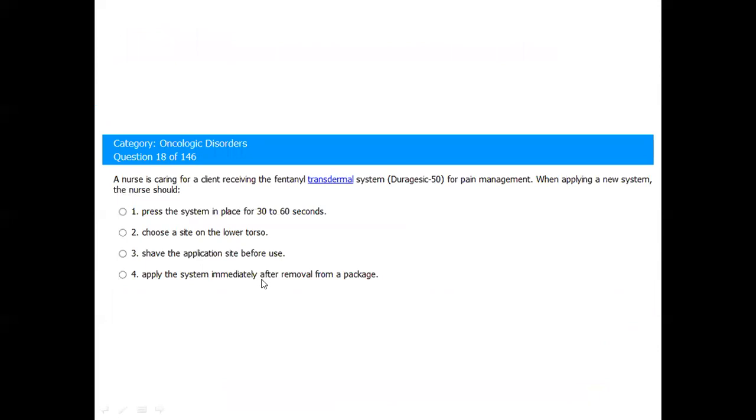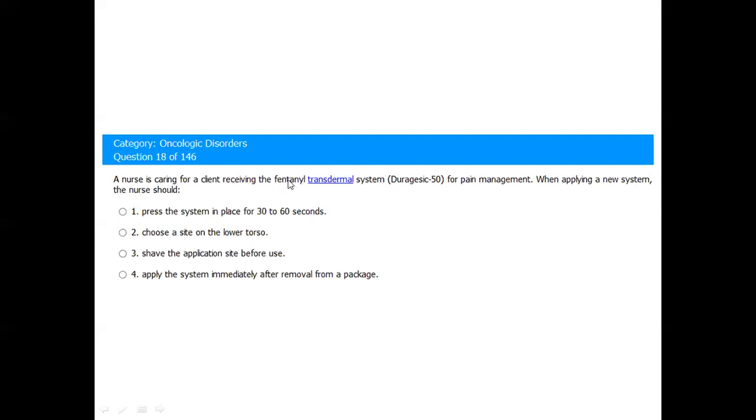So, next question. A nurse is caring for a client receiving a fentanyl transdermal system.